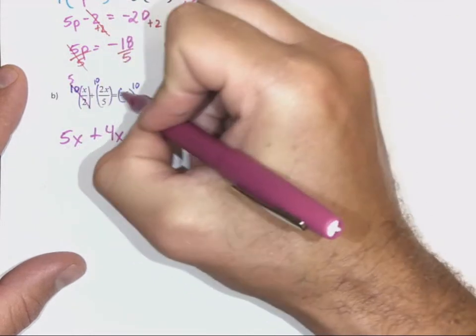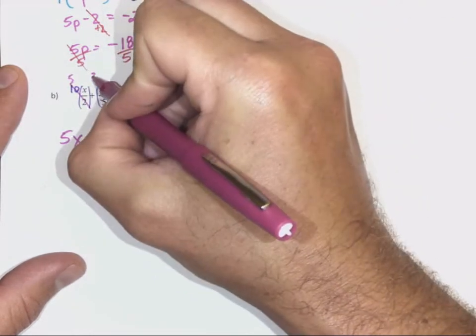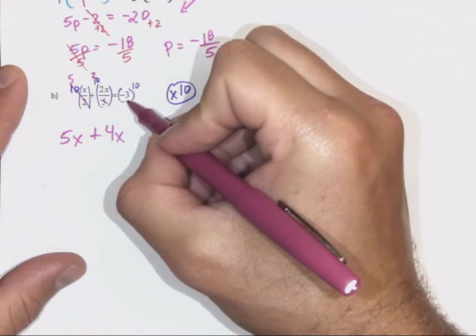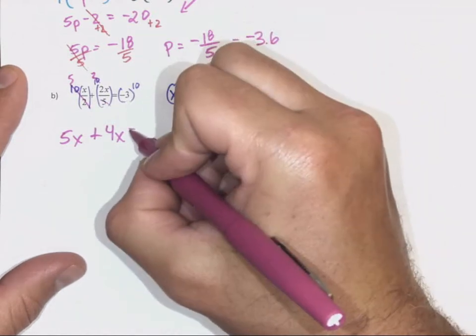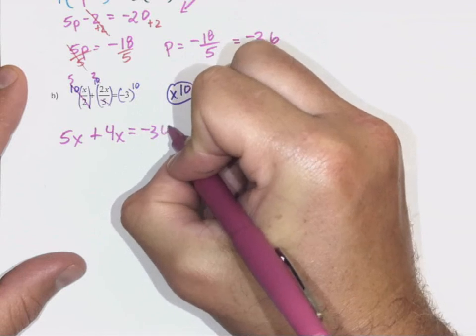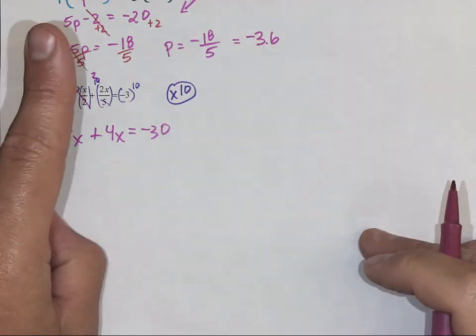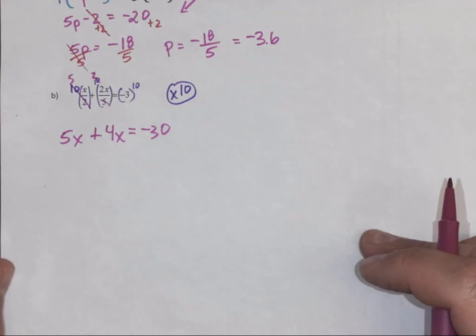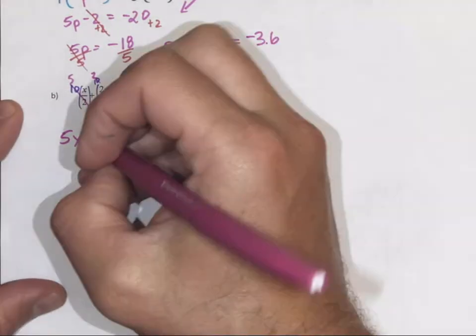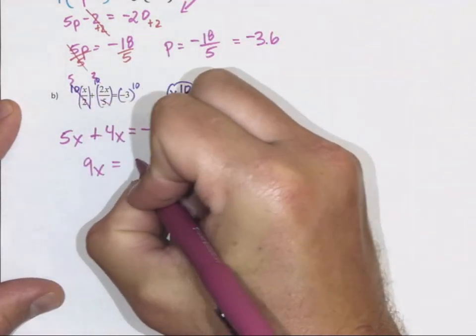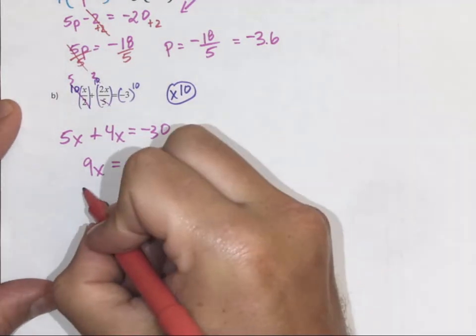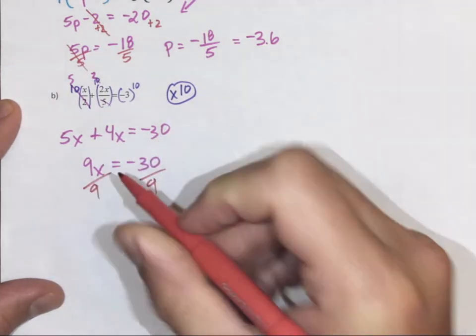And then 5 times x. 10 divided by 5 is 2. 2 times 2x. Not a fraction, so I just multiply it. 10 times negative 3, negative 30. Fractions are gone in one step once I'm more comfortable with my mental math. Like terms, add them together. Solve for the unknown.